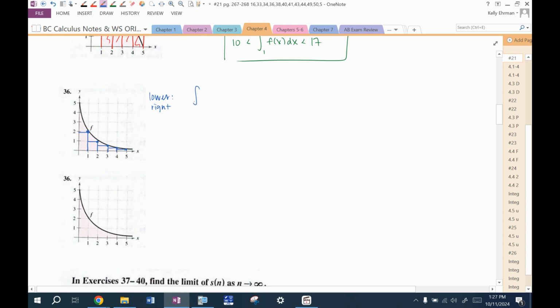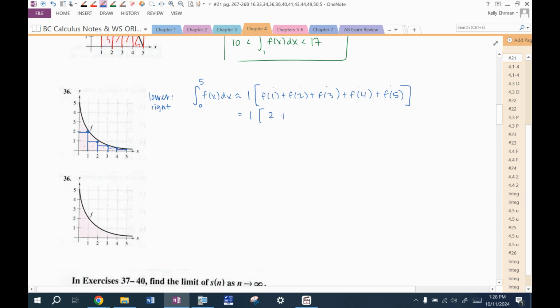So the integral, going from 0 out to 5, it looks like, of f of x dx is about equal to the width of every rectangle, which is 1, times f of 1 plus f of 2 plus f of 3 plus f of 4 plus f of 5. You can also double check. It's easy to miscount here, but I have 1, 2, 3, 4, 5 rectangles and 1, 2, 3, 4, 5 function values there.